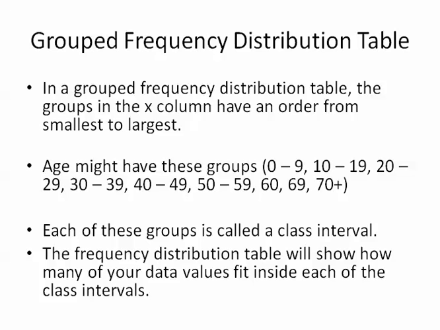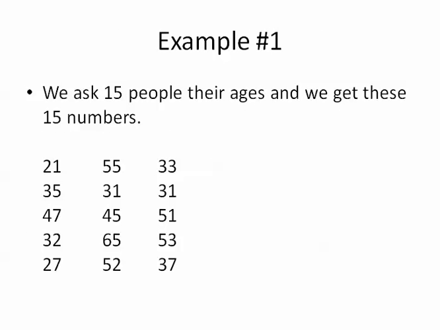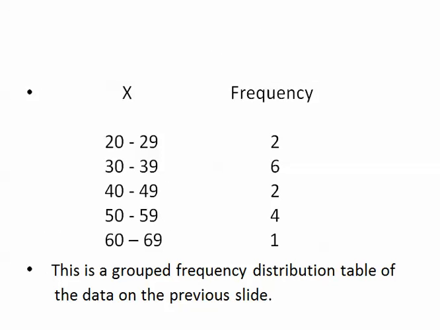So let's look at an example of a grouped frequency distribution table. We ask these 15 people their ages, and we get these 15 answers. This would be a grouped frequency distribution table. Each of these groups over here is called a class interval.